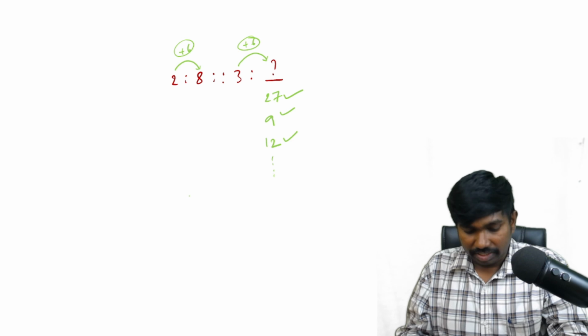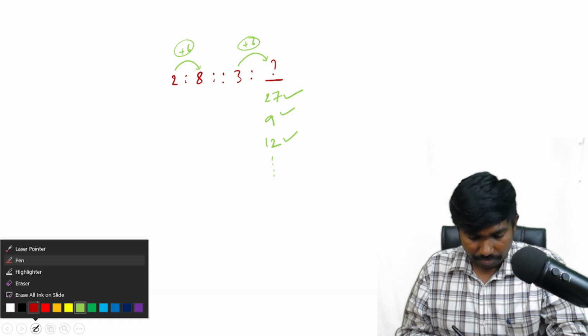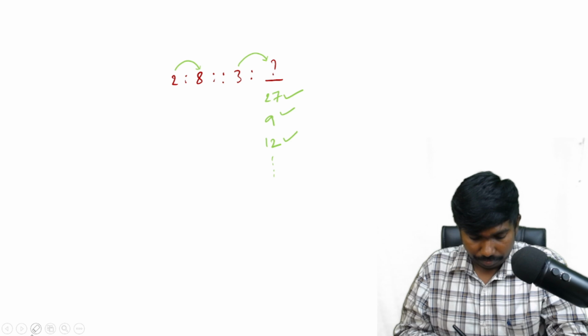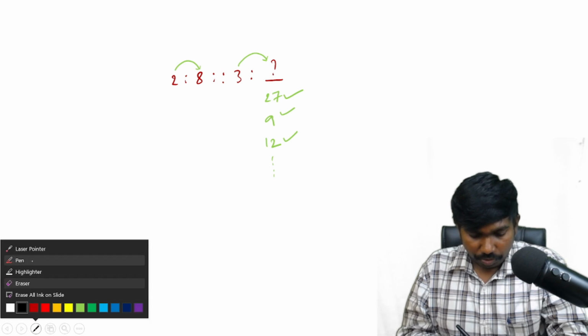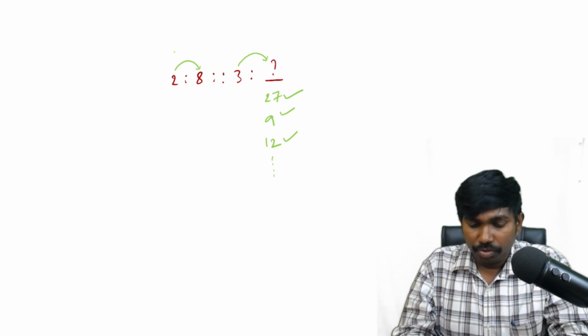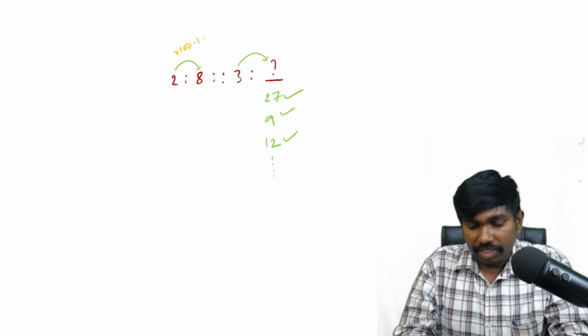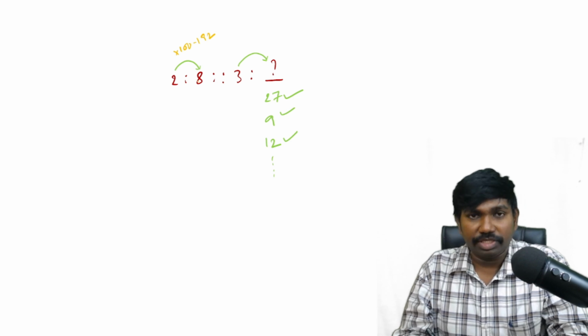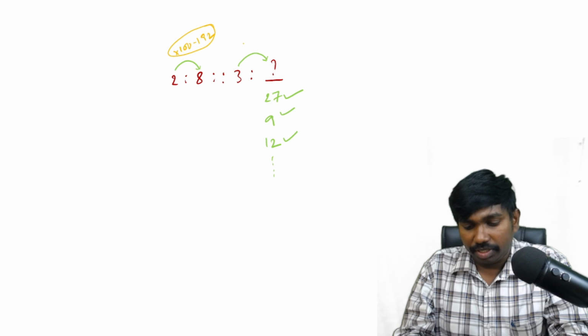How can we get many more answers here? Let me show you a few more answers. What if I use a logic like 2 into 100 minus 192? Even that is correct, isn't it? 2 into 100 is 200, minus 192 is 8, and we can apply the same into 100 minus 192 logic here also.